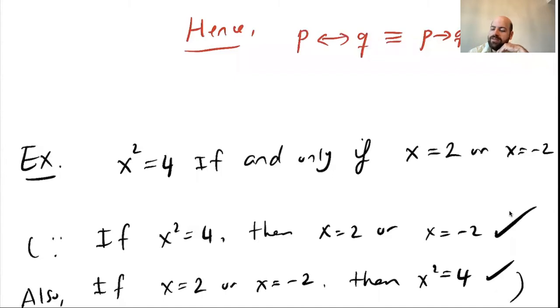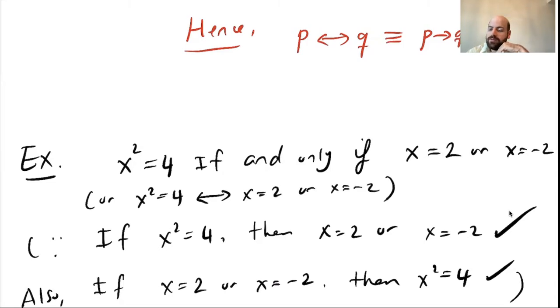So we can write it this way: x squared equals 4 if and only if x equals 2 or x equals minus 2. You can write it with words, if and only if, or you can use a two-sided arrow, because again, the two-sided arrow is a notation for if and only if.